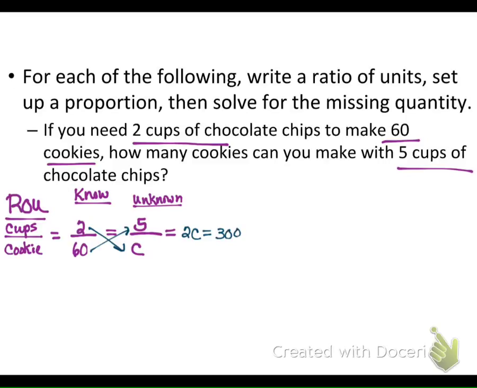Yeah, because we want to get the variable by itself. I bring down my variable C equals, what's 300 divided by 2? 150. Now, 150 what? What unit am I talking about? So I can make 150 cookies. Now, how many of you guys want to go home and eat raw chocolate chip cookie dough?